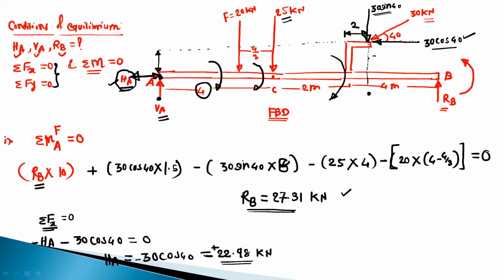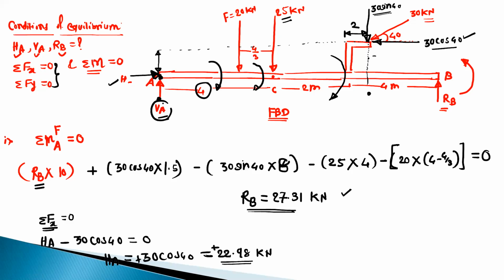So as the HA answer is negative and our assumed direction is on the negative side, the correct direction must be on the positive side. So our first assumed direction is on the positive side and the answer is positive. That means our assumed direction is correct.